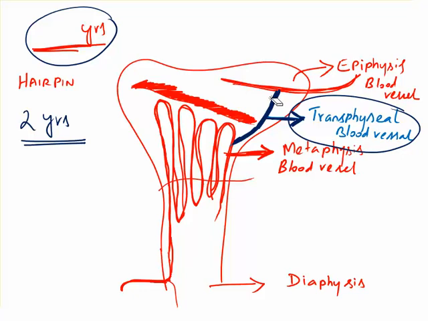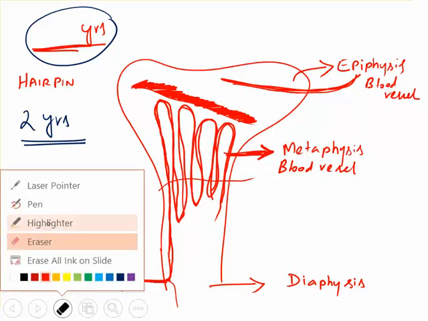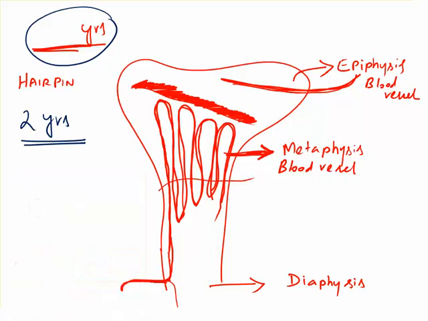In 2 to 20 years what happens, after 2 years the transphyseal vessel disappears. Understand? There is no connection between metaphyseal and epiphyseal vessel. But there is growth plate.